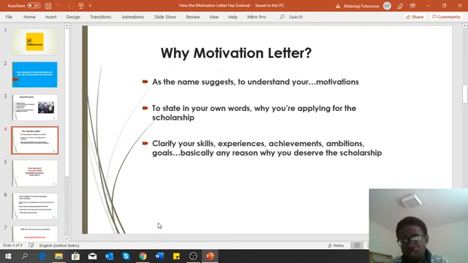The reason why these folks ask for a motivation letter is they want you to state in your own words why you are applying for this job, this scholarship, this master's program, this university. They just want to know in your own words.